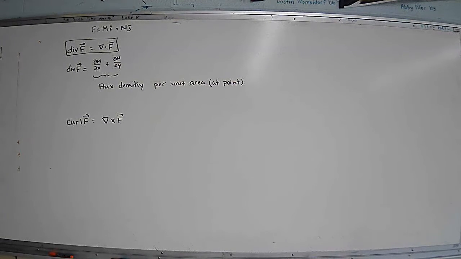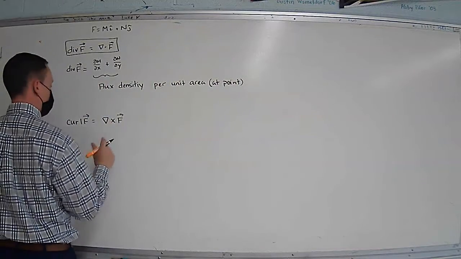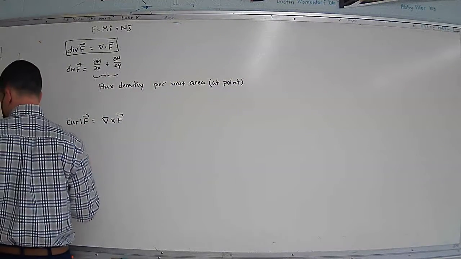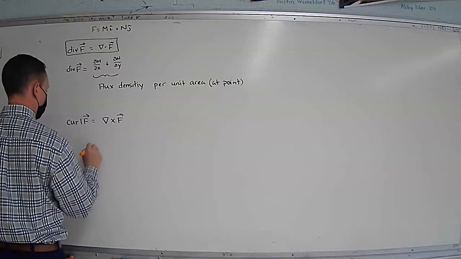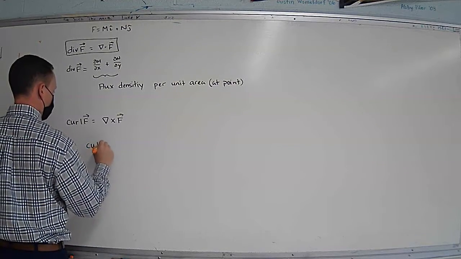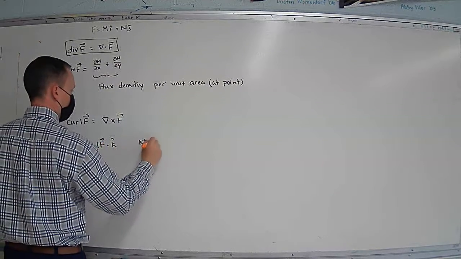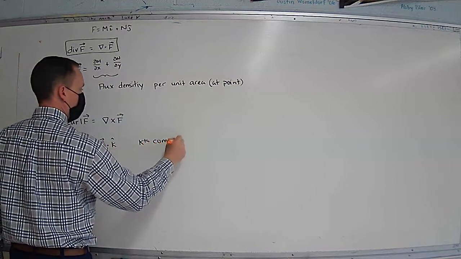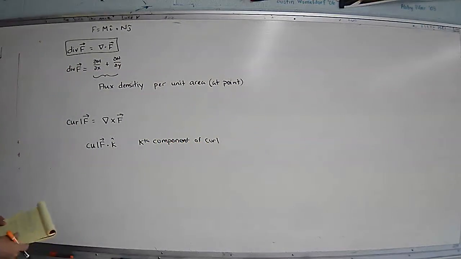If our vector field is only in the xy plane, we've got no z. So after you cross these two vectors, you get the z component, the k component.